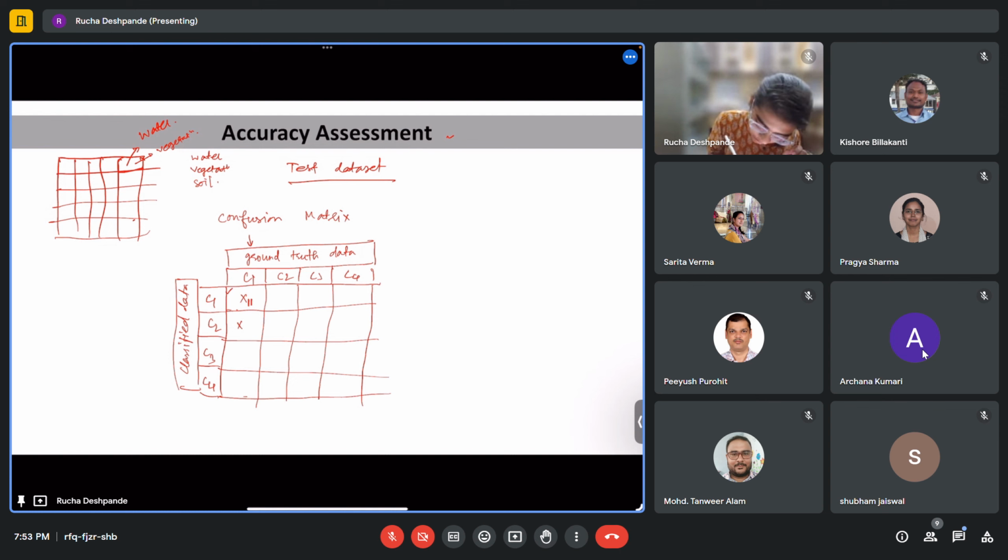This x21 shows the number of pixels which are actually class 1 on the ground, but in the classification they are classified as class 2. Similarly, this is class 1 on the ground, but in classification it has been classified as class 3 and so on. So here we have x12.